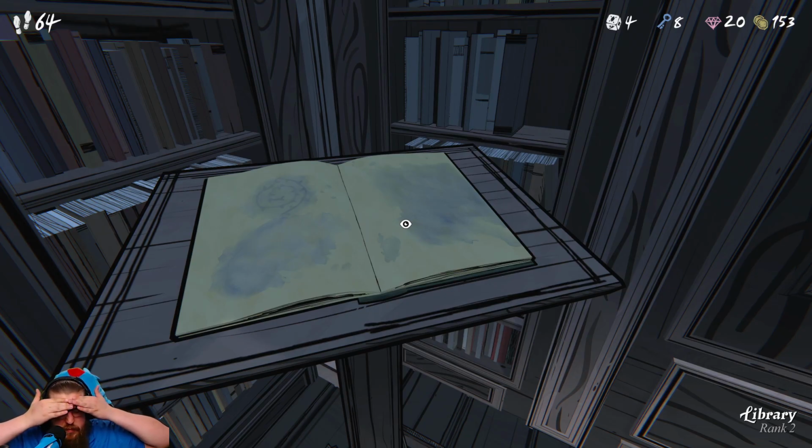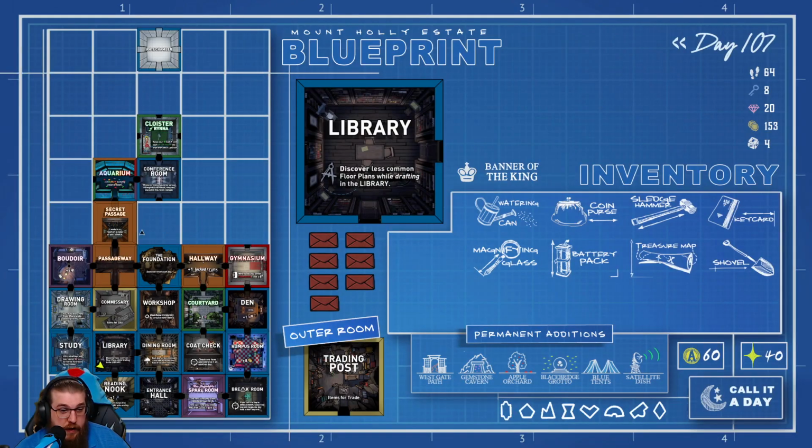Do I need to monk the secret passage to the outer room? Okay. I have the secret passage already drafted. I just need... Oh, we did the trading post for today. Okay.